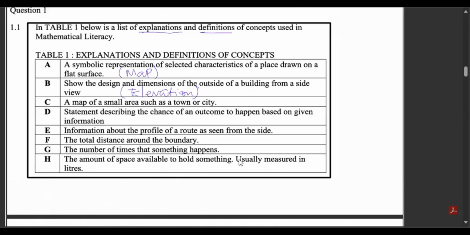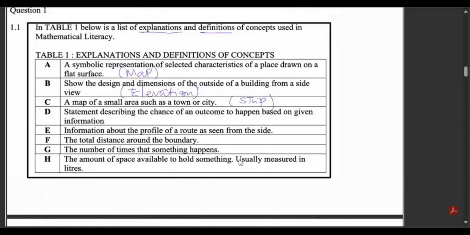Okay, a map of a small area such as a town or city. This could be a strip map or a street map.